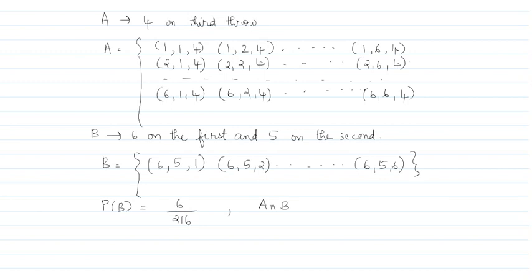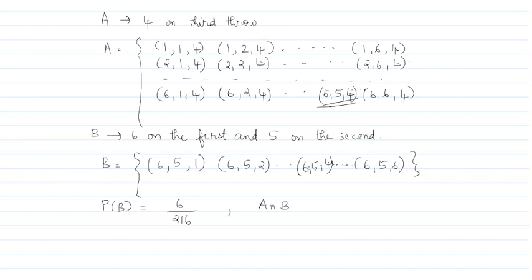Yes, of course. You have an outcome here which is 654, which favors occurrence of both A and B. Right. You have an element here, 654, in sample space B also.